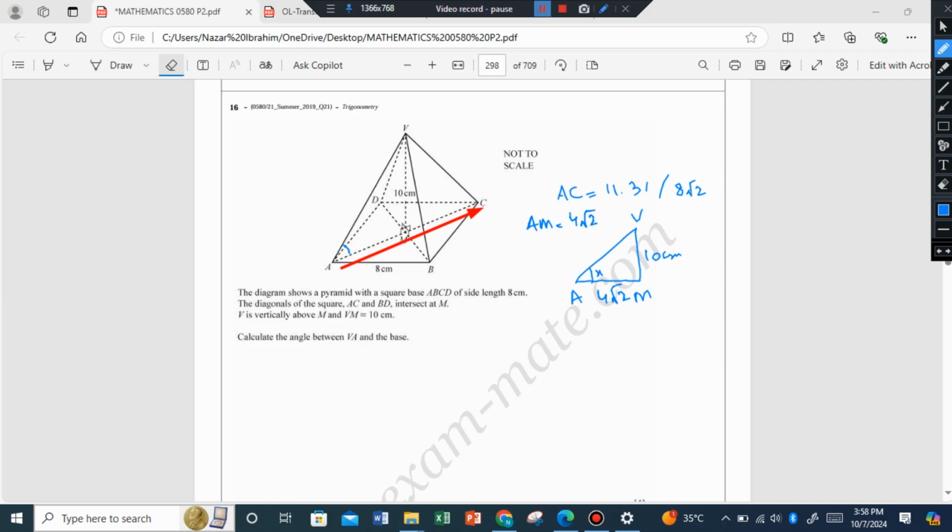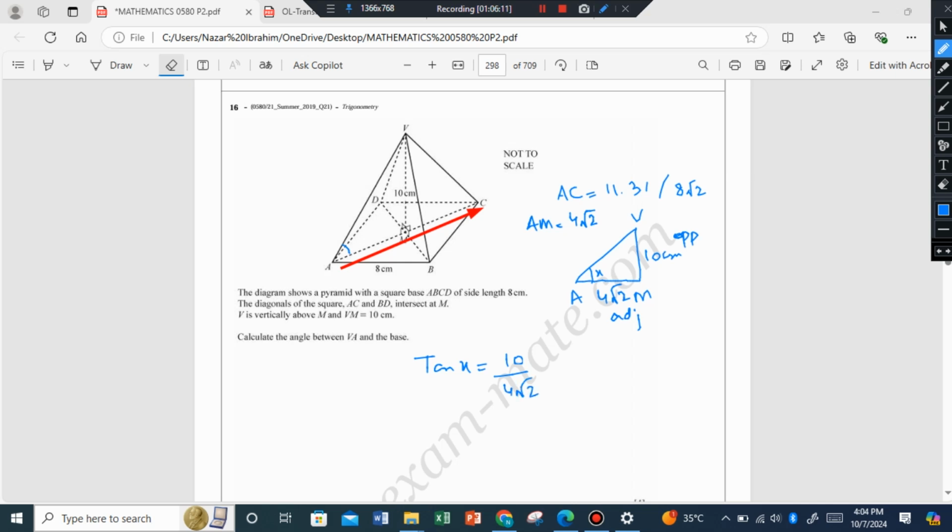Okay. So we have opposite and we have adjacent, right? So opposite over adjacent means tan. So tangent x is equal to 10 upon 4 root 2, right?